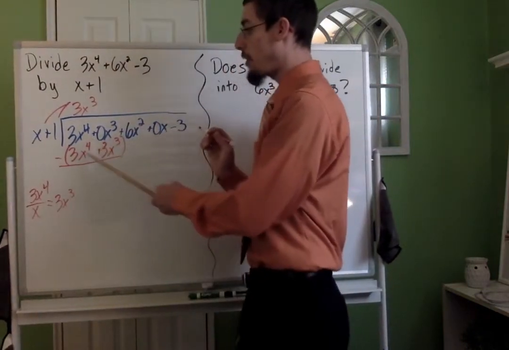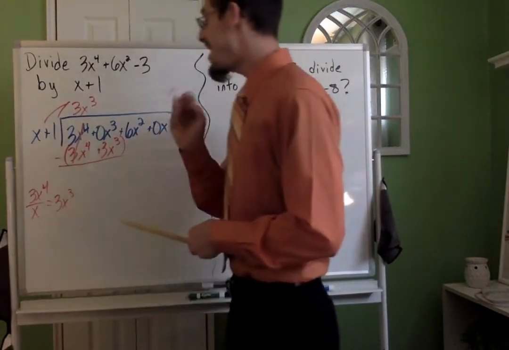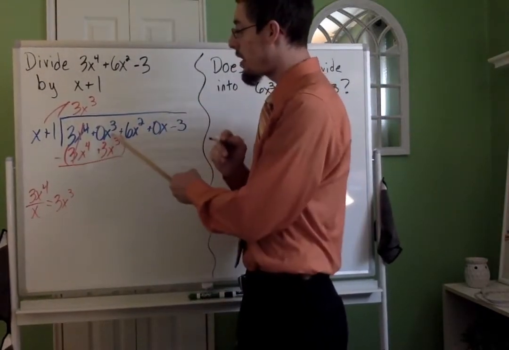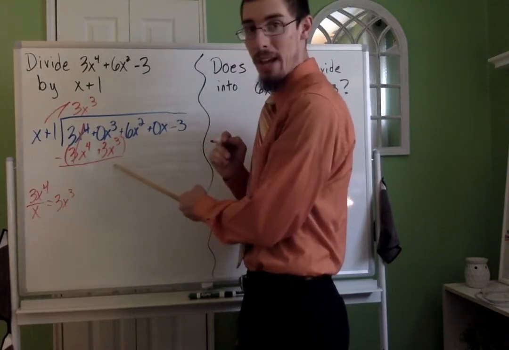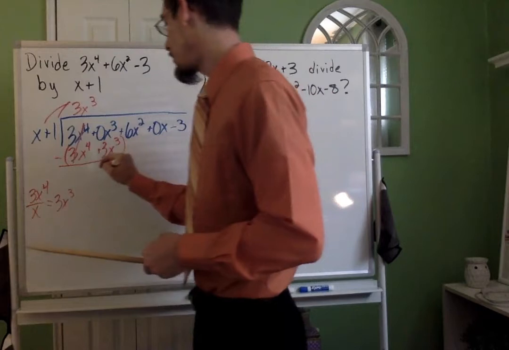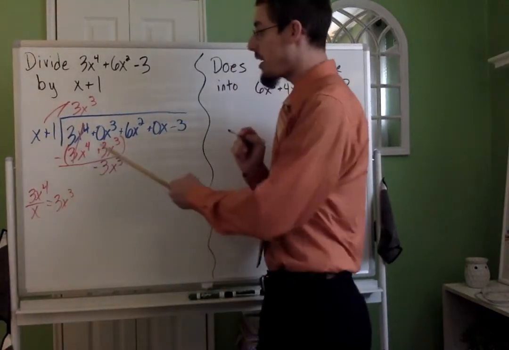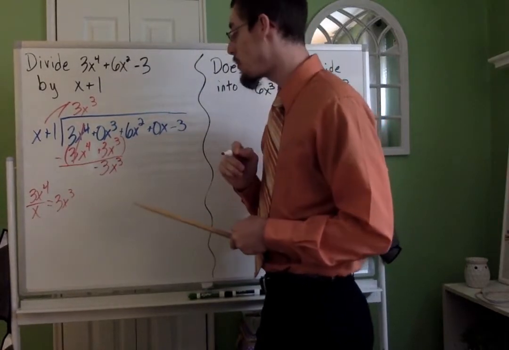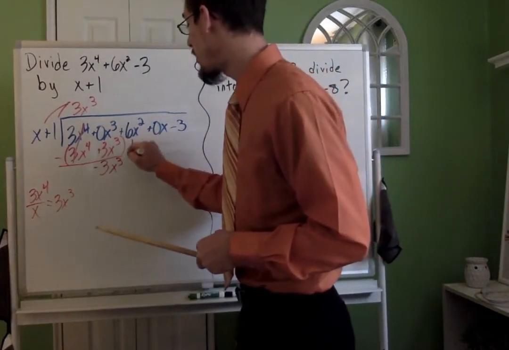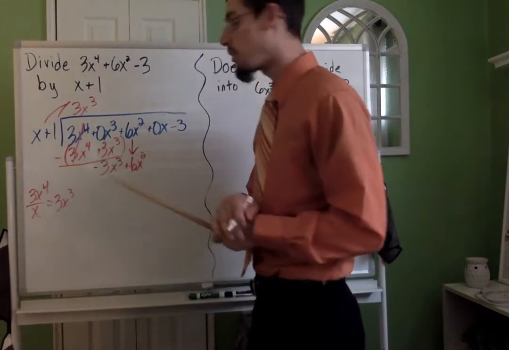So 3x to the 4 minus 3x to the 4, that cancels out. And now I can do the subtraction. 0x to the third minus 3x to the third. That's negative 3x to the third, right? 0 minus 3, negative 3x cubed. And then I bring down the next part, plus 6x squared.